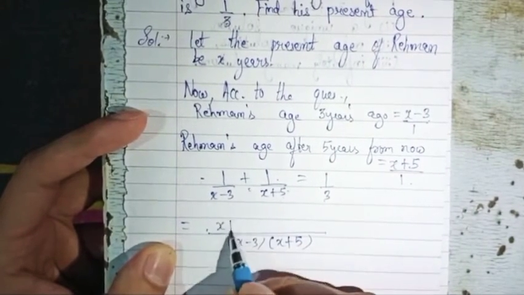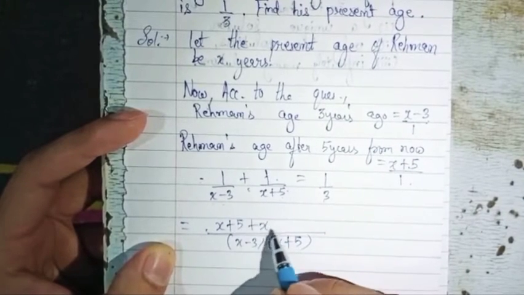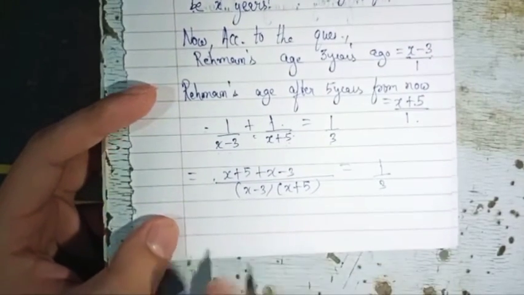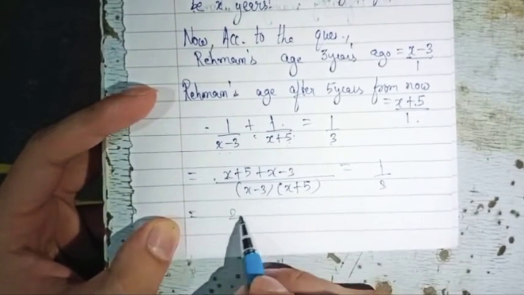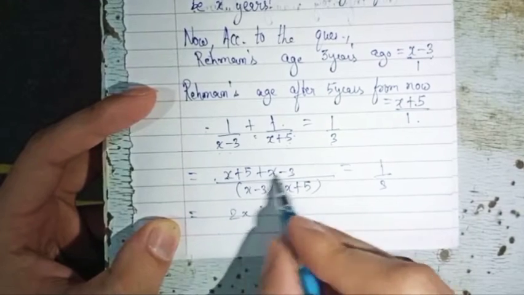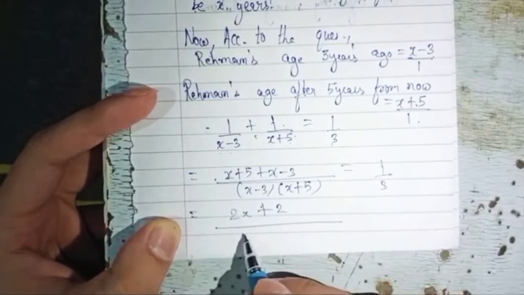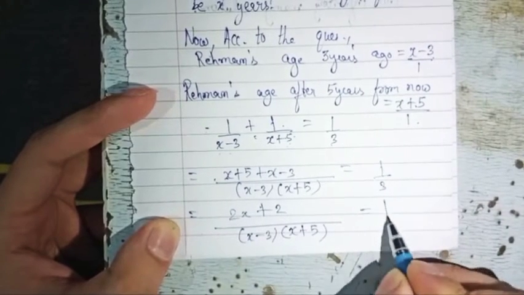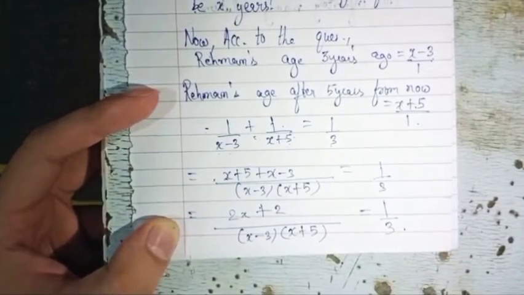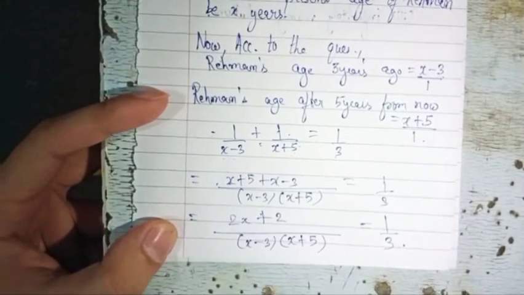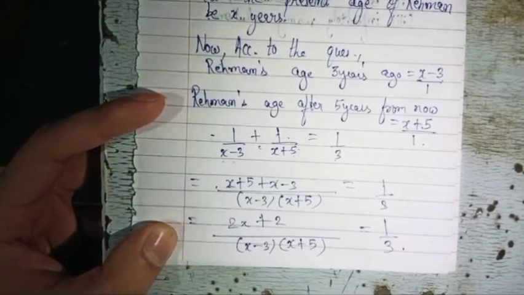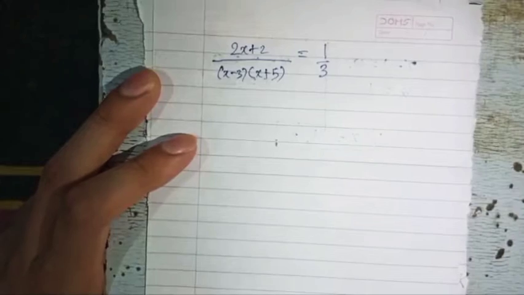So x plus 5 plus x minus 3 is equal to 1 upon 3. x plus x becomes 2x, 5 minus 3 becomes plus 2, whole divided by x minus 3 into x plus 5, is equal to 1 upon 3. So this is the required equation we have.